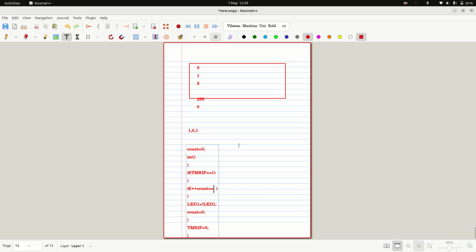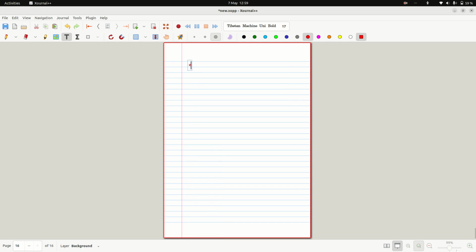When count equals to 1, time equals to how much? 51.2 microsecond, isn't it? So no action takes place. Again interrupt occurs, control goes to the ISR.